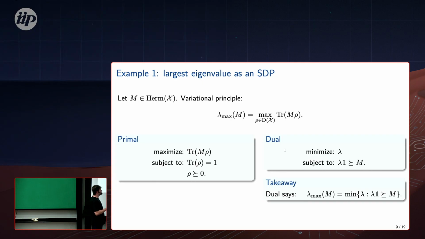We just want to minimize the parameter lambda such that lambda times the identity is greater or equal than the matrix M. So if you can find a lambda such that lambda times identity is greater than the matrix M, you get a bound on the largest eigenvalue, right? This idea pops out immediately from SDPs.